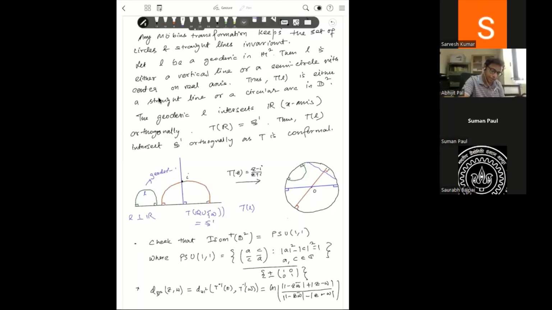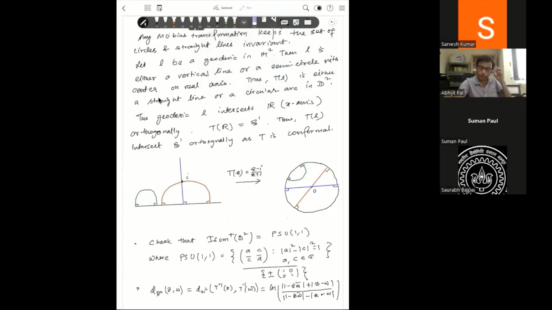So the image of L under T has to be this, right? It should meet orthogonally. You know that T of L is either a straight line or a circle. If it is a straight line, it will not intersect S1 orthogonally. So T of L has to be a circle. Okay, all right.